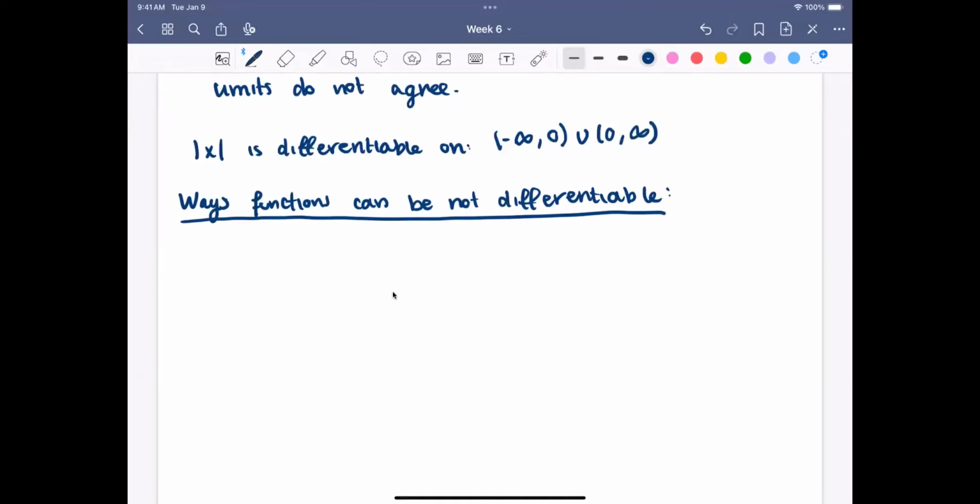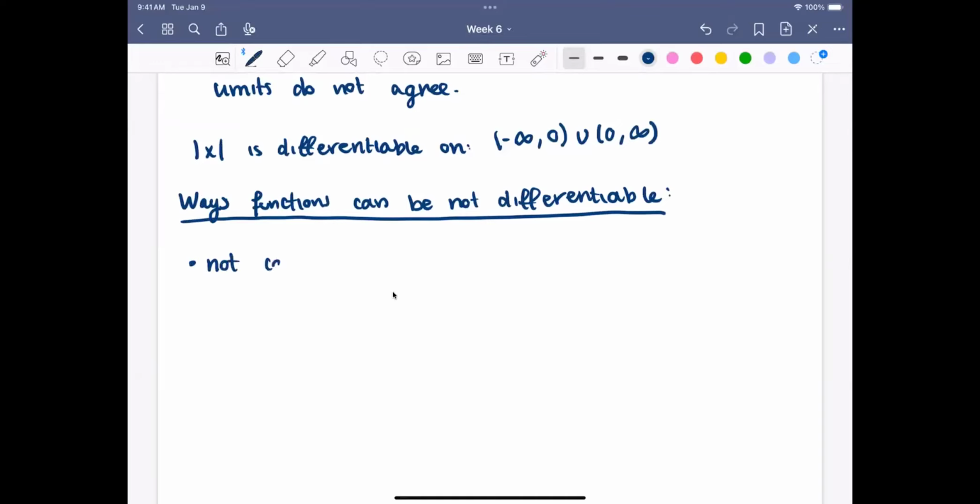So one would be if they're not continuous, that will fail to be differentiable. Say you had a jump discontinuity or something like that, then you won't be able to take a derivative at that value.